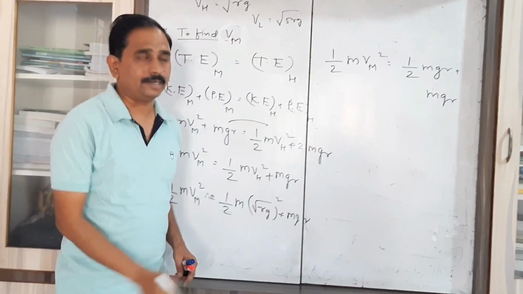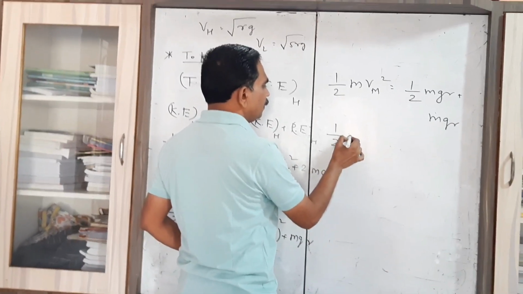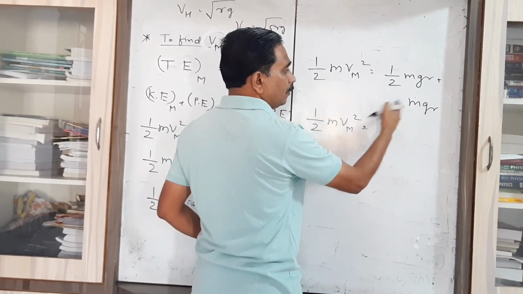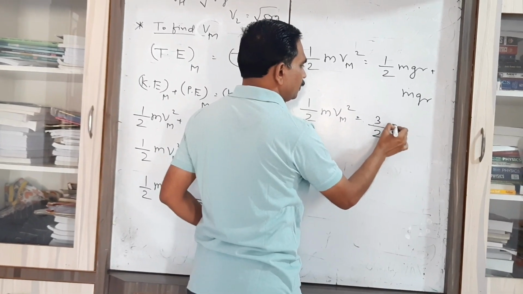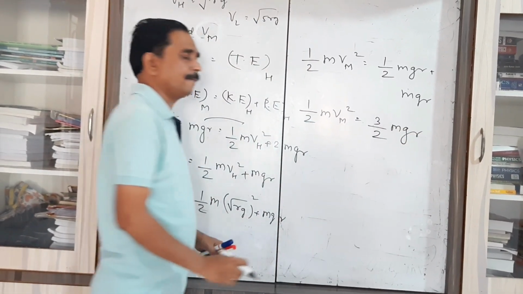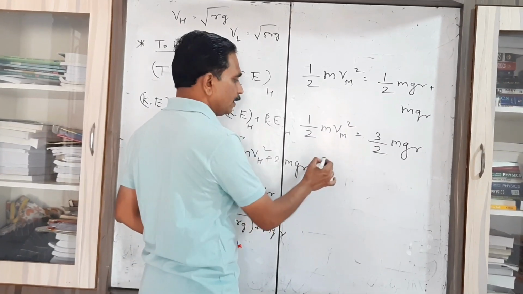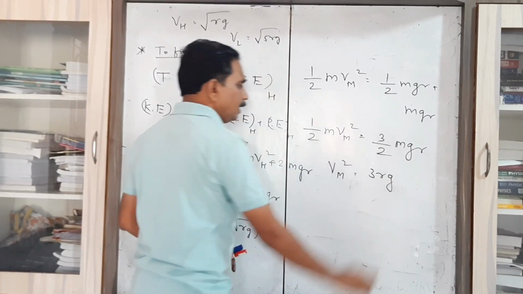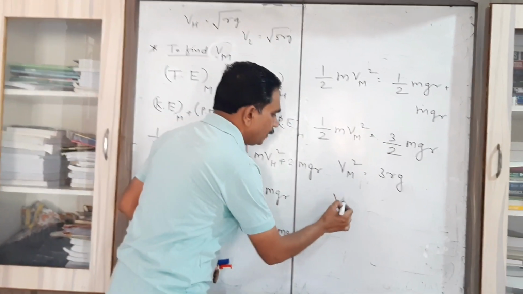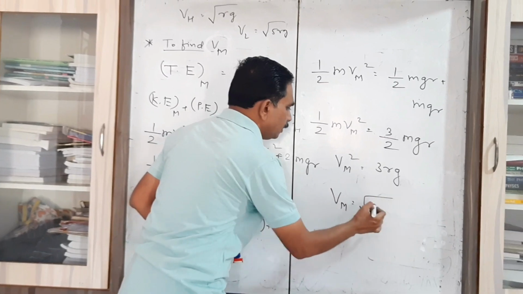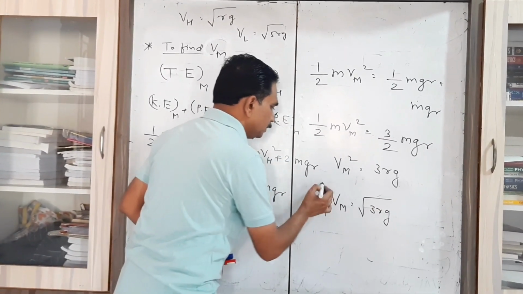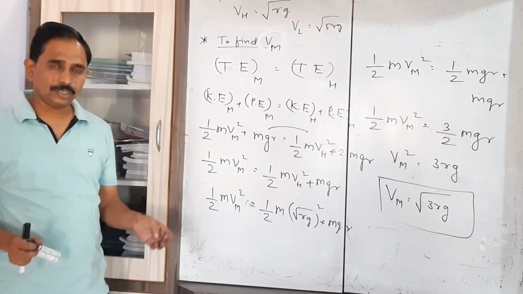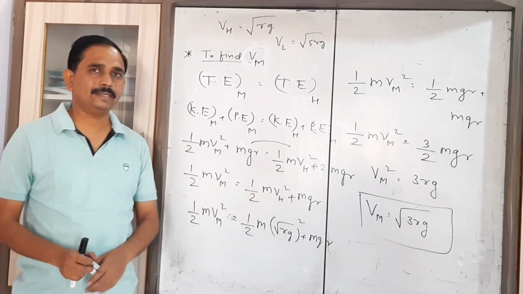If we simplify it, it becomes 1 plus 2, that is 3 by 2 mgr. Cancel the 2 and m. We have vm square equal to 3rg, and vm equal to under root of 3rg. So this is how we obtain the linear velocity at the highest position, at the lowest position and at the middle.